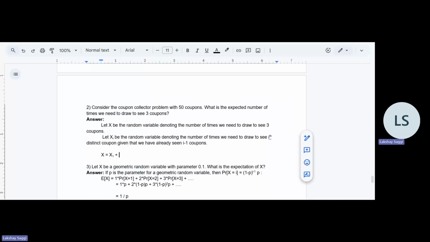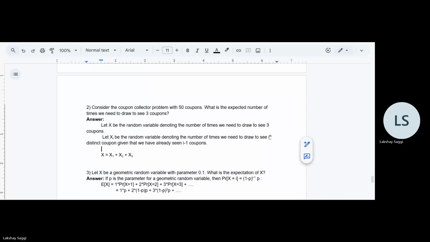Then the extra number of times we'll need to draw to see the second coupon, after we have already seen the first, will be x2. And then we will need to draw x3 more times because we have already seen 2 coupons and now we need to see the third coupon. So it can be seen that x is equal to x1 plus x2 plus x3.